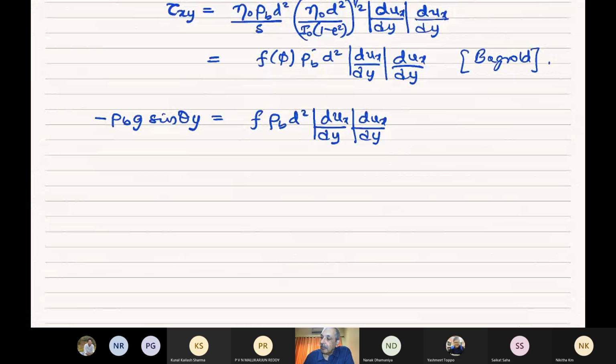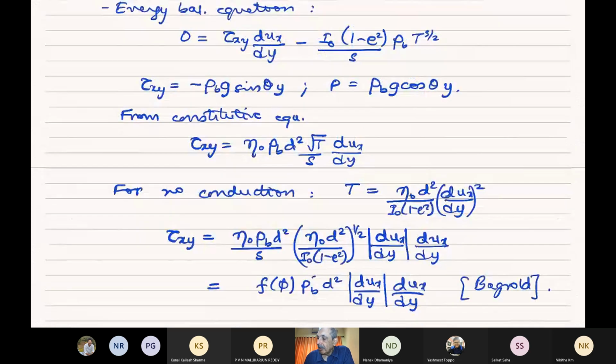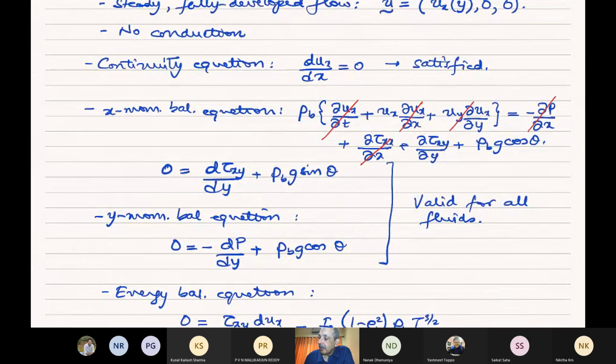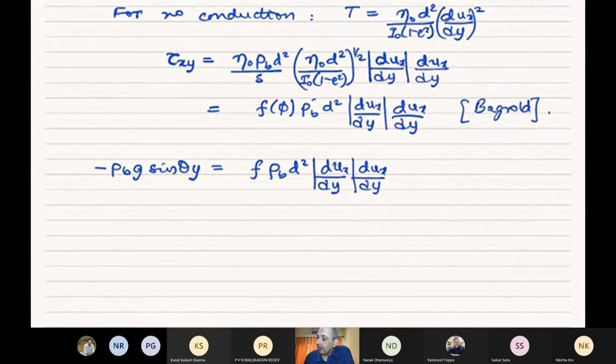And now you'll understand why I'm putting these absolute signs. Now the left hand side is a negative quantity, so the right hand side also must be negative. So that means that du by dy must be a negative quantity. And you know that, since y is going downward, velocity reduces with y, so obviously dux by dy is negative in this coordinate system. So that means minus dux by dy is positive.